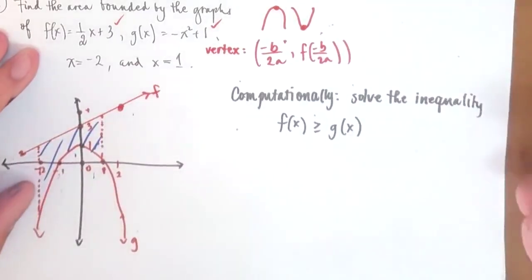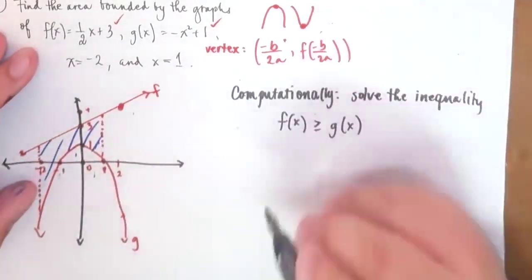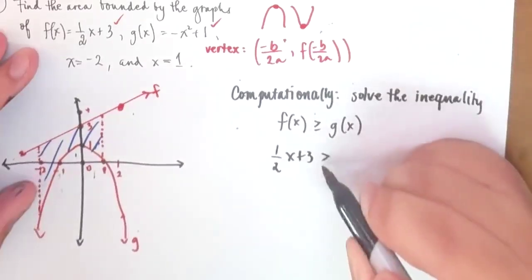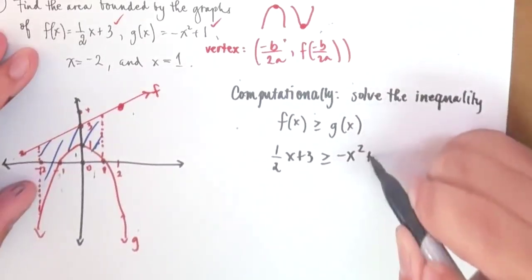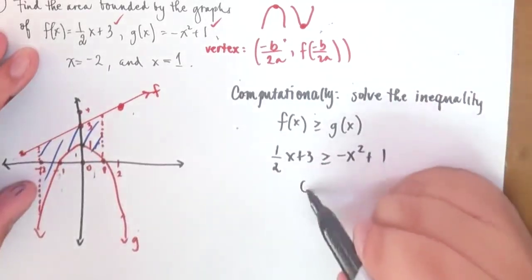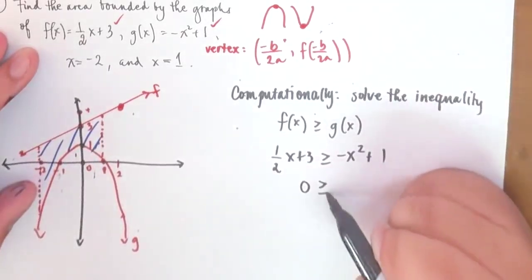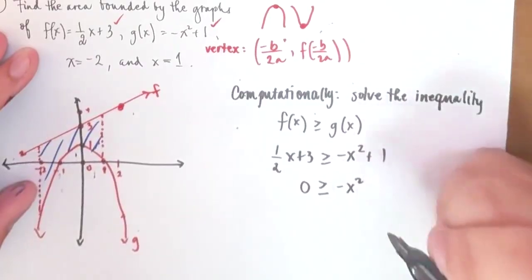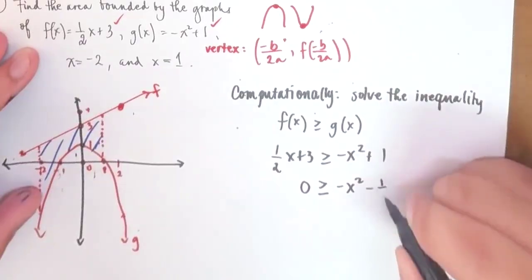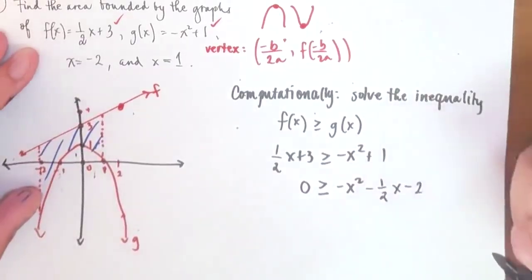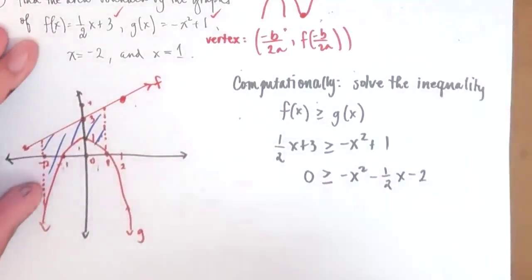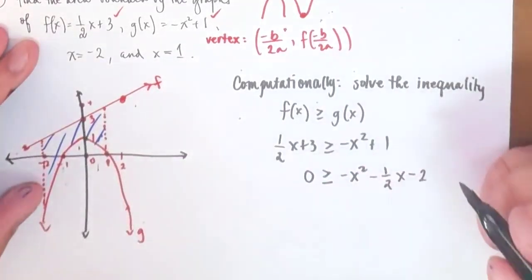So if we solve the inequality right here, it would be 1/2 x + 3 is greater than or equal to -x² + 1. So 0 is greater than or equal to -x² - 1/2 x - 2.